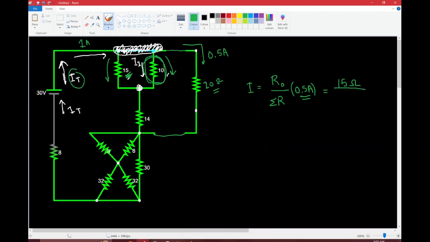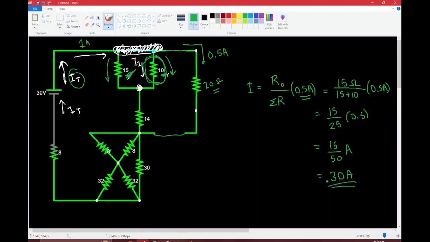So the sum of the resistances is going to be 15 plus 10, right? So there's 10 ohms here and 15 over here, and we're going to multiply that by 0.5 amps, and what we end up getting is 15 over 25 times 0.5, and that's going to equal 15 over 50 amps, which is 0.3 amps.